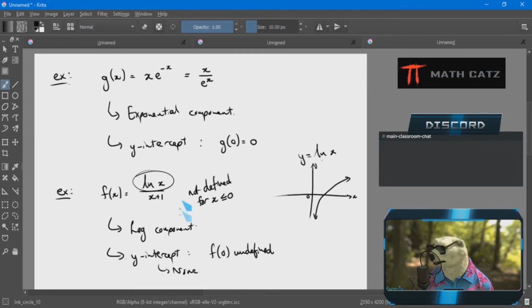Now I'm aware, moving forward, if this was the start of a bigger question, that this log component is always going to have this issue of being undefined. Negative x values will never be something I have a graph for. It'll never be something I'm interested in. And I need to remember that, especially as I go into a derivative, because its derivative doesn't have a log.